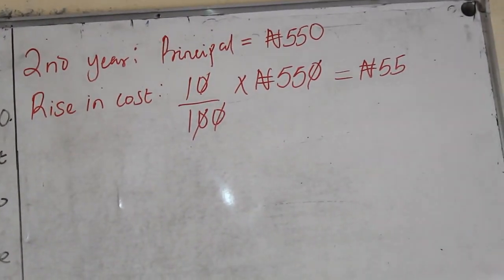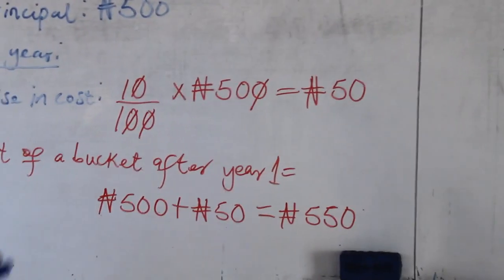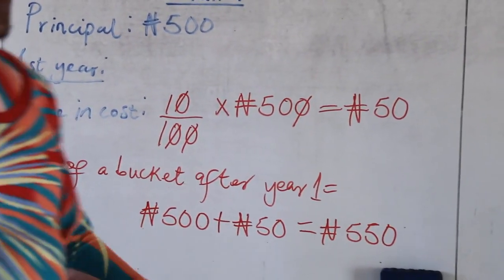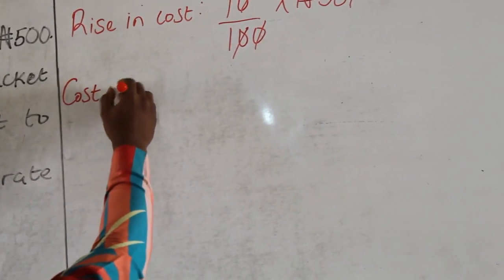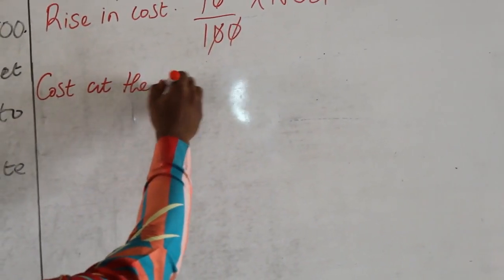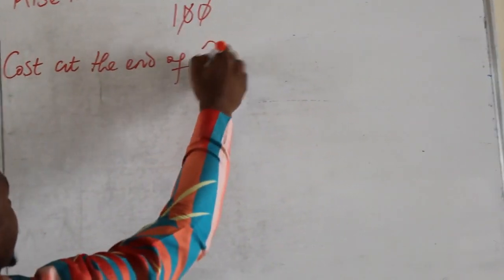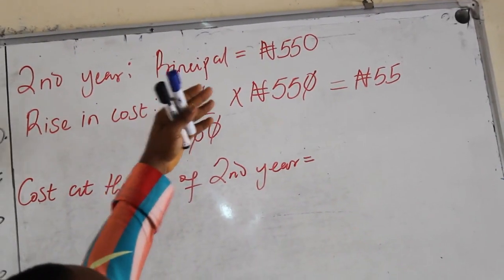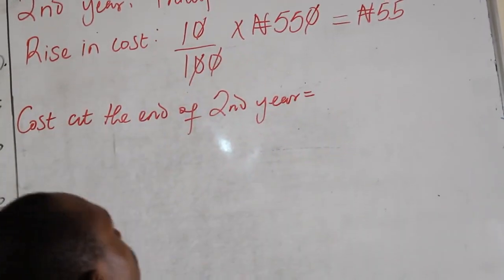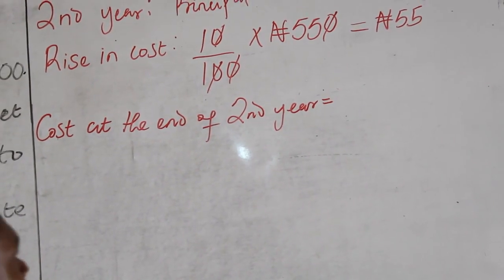Just like we did for the first year, to find out the cost of a bucket of Gari at the end of the second year, we're going to sum up the second year principal and add it to the rise in cost of the Gari.